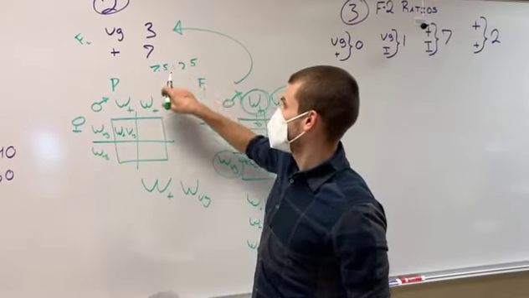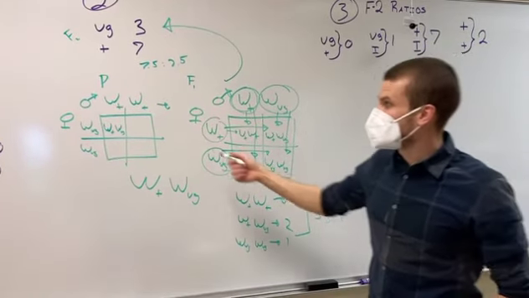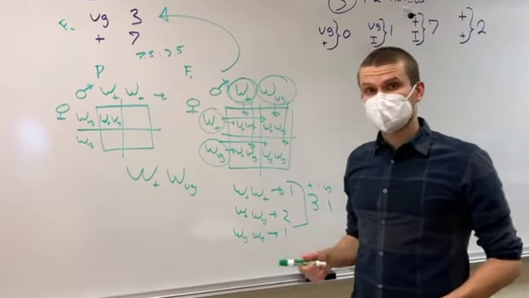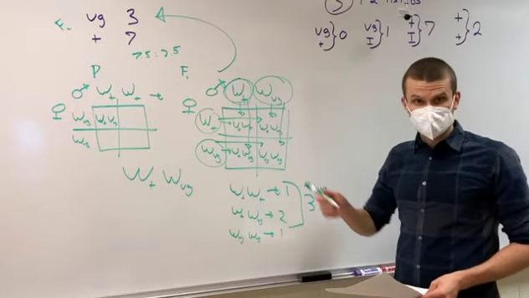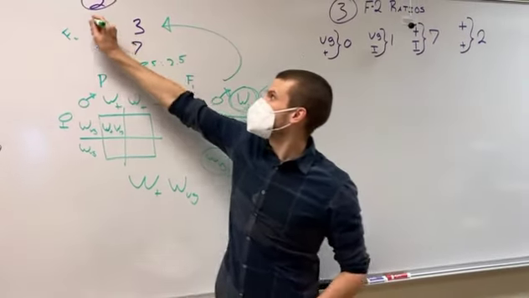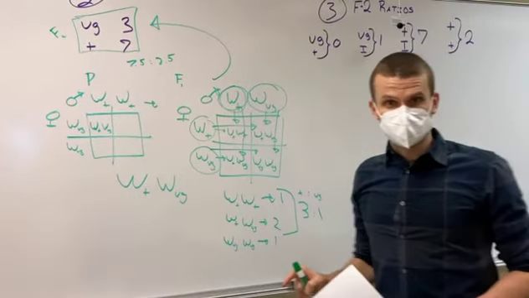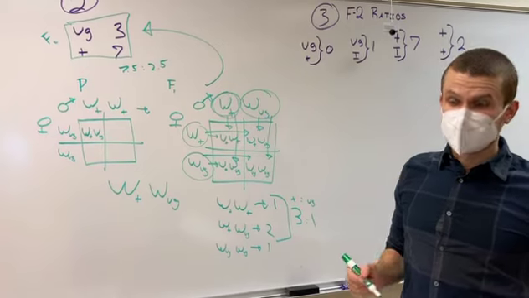So 7 to 3 is close to 7.5 to 2.5. So yeah, I believe this true breeding vestigial versus wild type in our parental generation would create heterozygotes in our F1, and we are indeed generating this ratio of vestigial to wild type in our F2s.